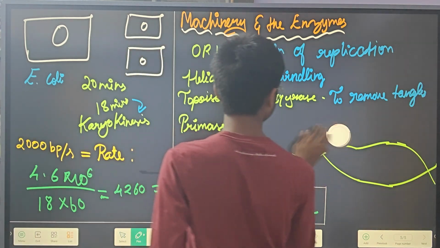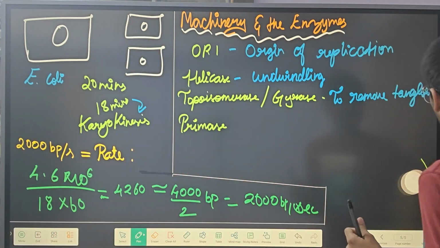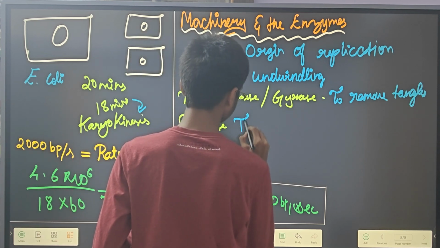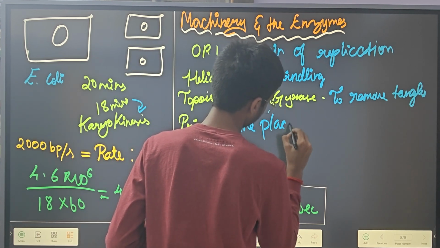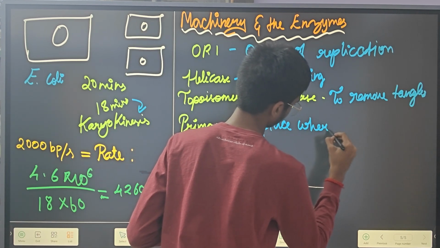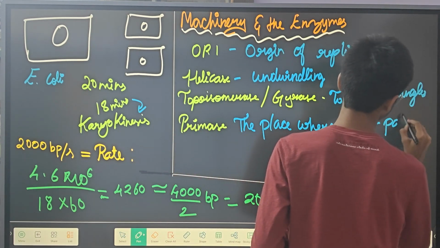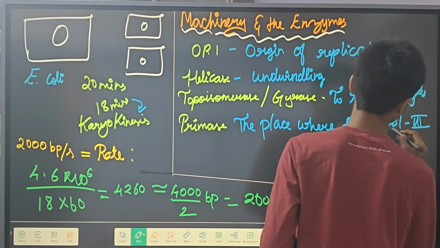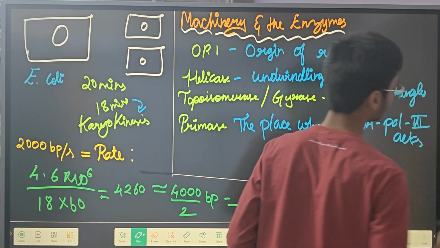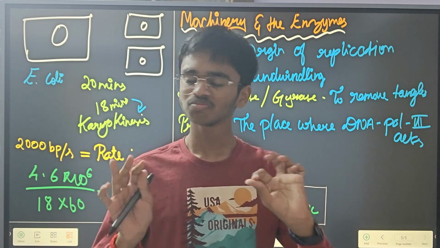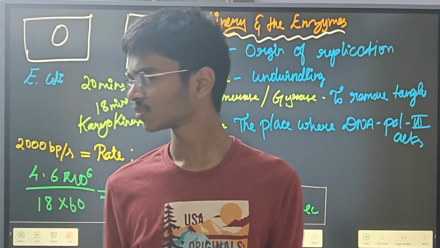Primase is the place where this DNA polymerase acts, where DNA polymerase 3 acts. Really, I'm saying DNA polymerase 3 is the fastest, very accurate, very precise, very fast.